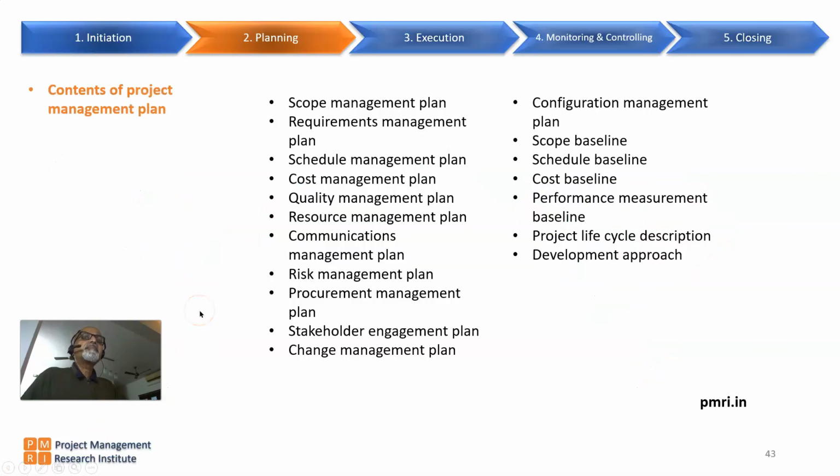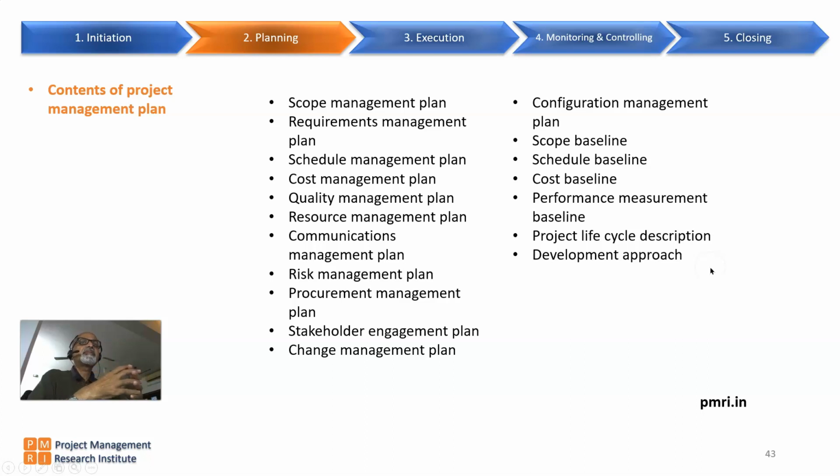Now this is the sample contents of a project management plan. We'll have a scope management plan, requirements management plan, schedule management plan, cost management plan, quality management plan, resource management plan, communications management plan, risk management plan, procurement management plan, stakeholder engagement plan, change management plan, and then configuration management plan, then scope baseline, schedule baseline, cost baseline, performance measurement baseline, and project lifecycle description and the development approach.